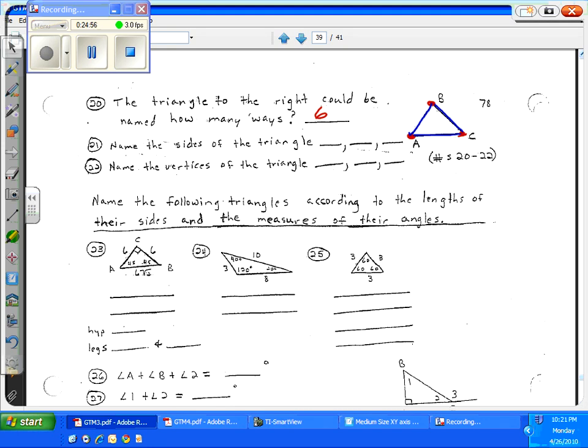The three non-collinear points are called the vertices. So the sides are segment AB, which we could have called BA, segment BC or CB, and segment AC or CA. The vertices are those three non-collinear points, which are point A, point B, and point C.